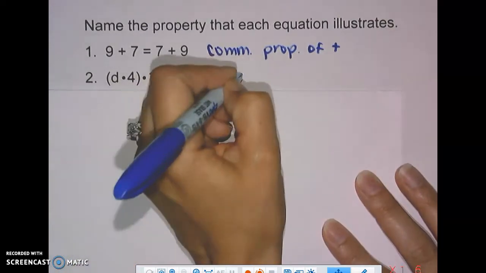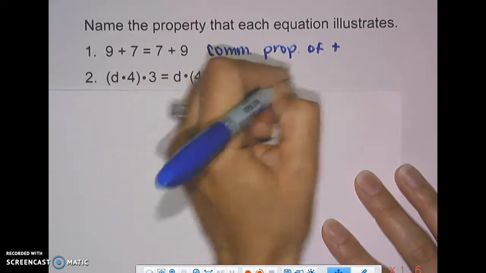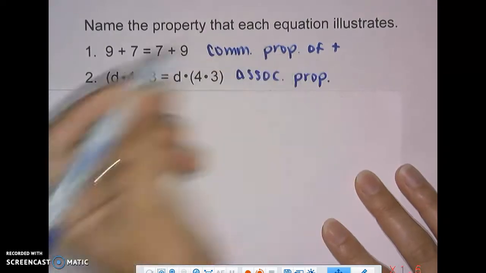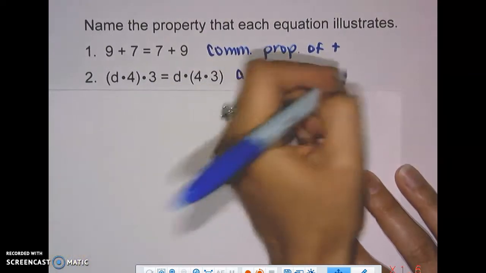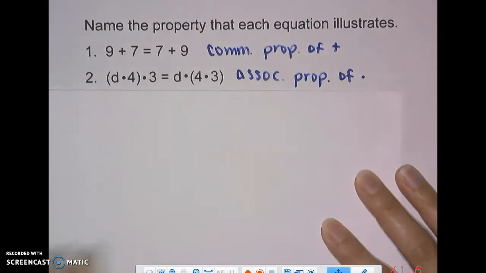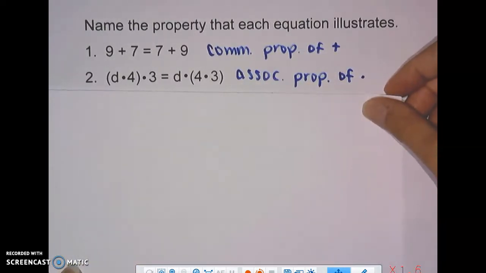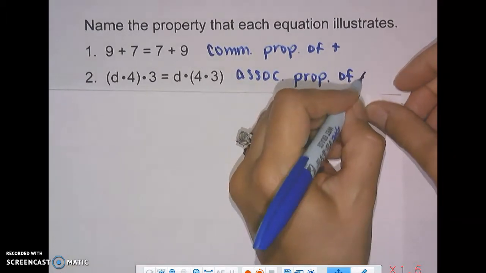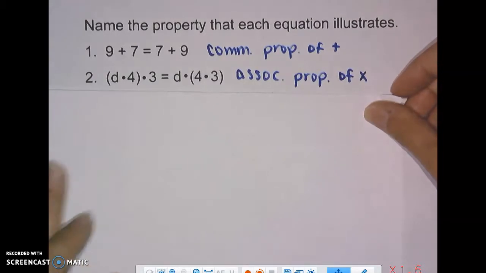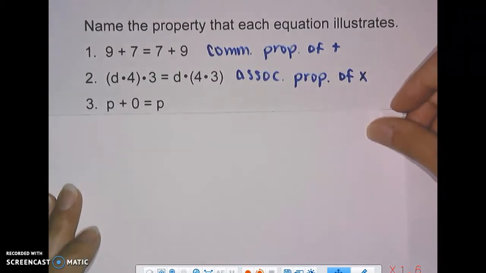So that would be the associative property. In this case, since there's multiplication symbols in between them, that is going to be of multiplication. Again, that's another one that has for addition and multiplication, so you have to specify. Instead of doing this symbol for multiplication, you can also do an X for multiplication, so we don't think it's just a dot on your paper.